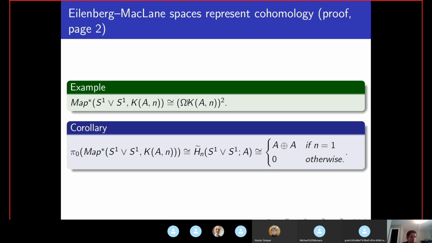Homotopy groups commute with products, so pi 0 of this is pi 0 of the loops on the Eilenberg-MacLane space, squared, where the square is on the outside. Pi 0 of a loop space is just pi 1. So we just get pi 1 of the Eilenberg-MacLane space squared, which is A plus A when n is 1. Otherwise, the fundamental group of the Eilenberg-MacLane space is trivial.